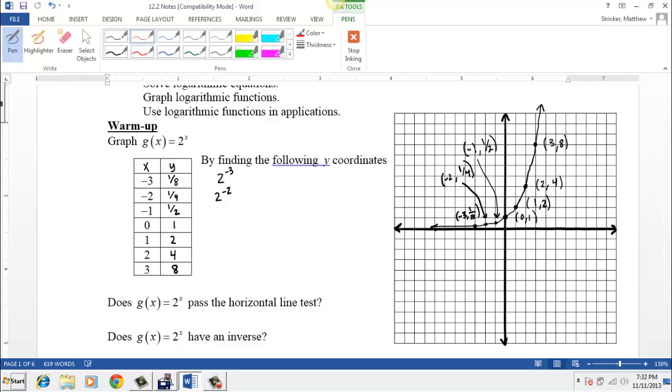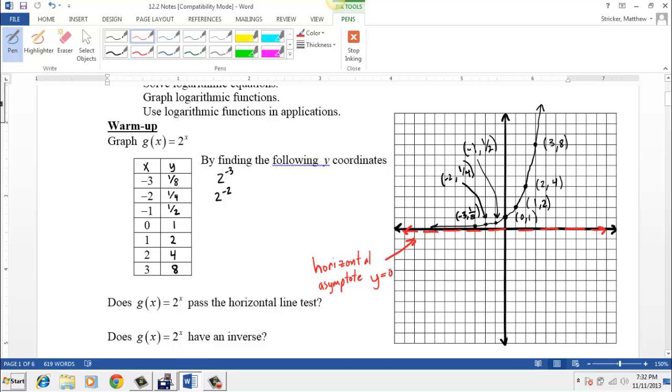Just a reminder here, there's this line here in red. I'll draw it. We said it was a horizontal asymptote. As a reminder, that's a line that you can get really close to but never touch, and that is the line y equals 0 in this case.